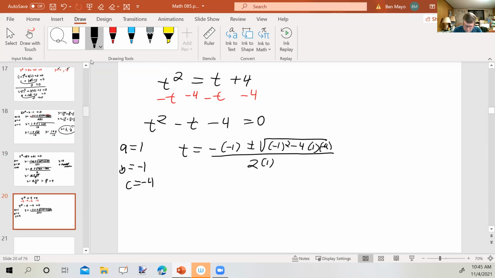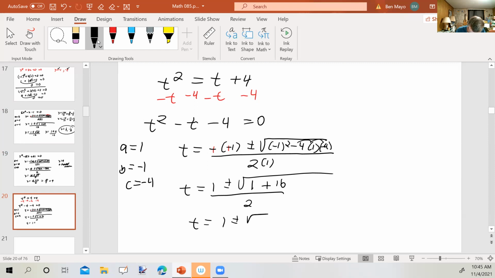T equals negative times negative is positive 1, plus or minus the square root of negative 1, the quantity squared. Negative 1 times negative 1 is positive 1. Minus 4 times 1 is minus 4 times negative 4 is plus 16, all over 2. So t equals 1 plus or minus the square root of 17 over 2.